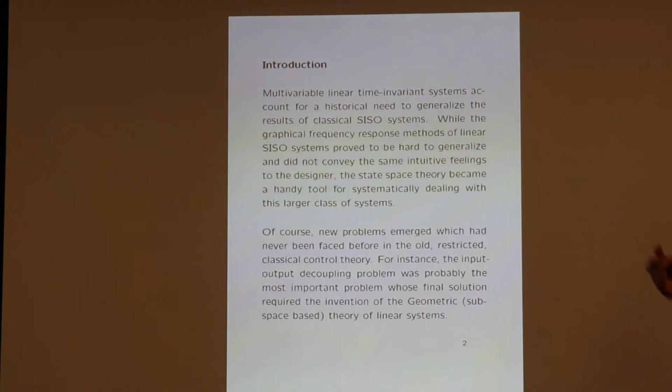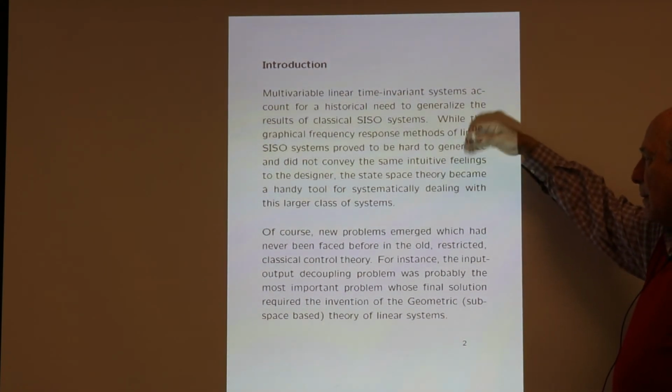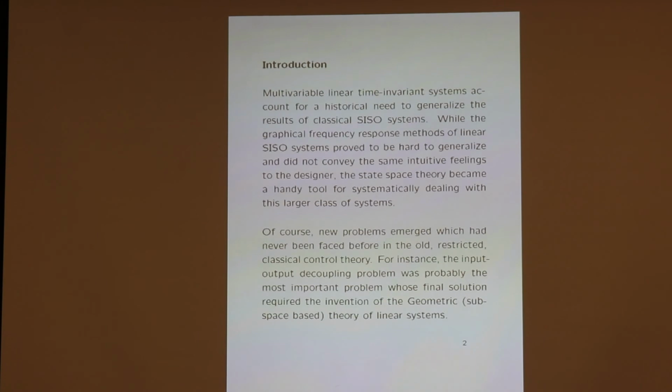State space was just beginning to emerge, and therefore, when the time was right, the generalization of the state space approach to multivariable linear systems gave people an opportunity to try to link whatever was known at the time of multivariable classical systems with the state space representation.